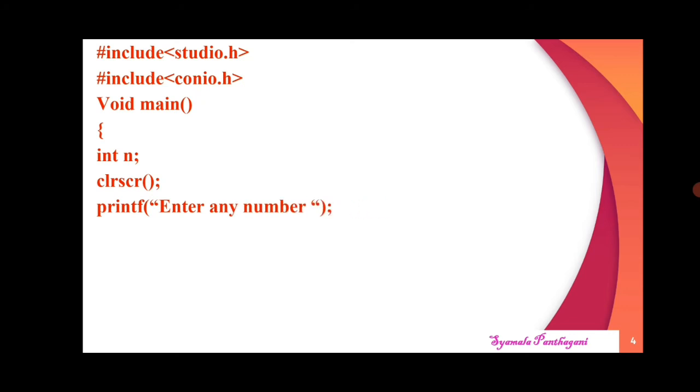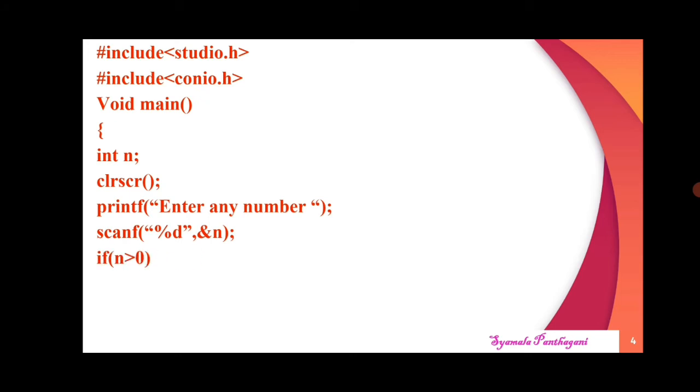Children, take your book and write down these programs clearly and neatly. First one is #include <stdio.h>, #include <conio.h>, void main, open braces, int n, clrscr, printf "Enter any number", scanf "%d", &n.